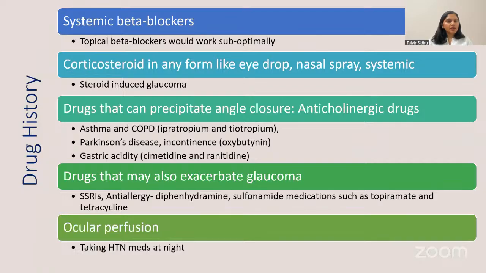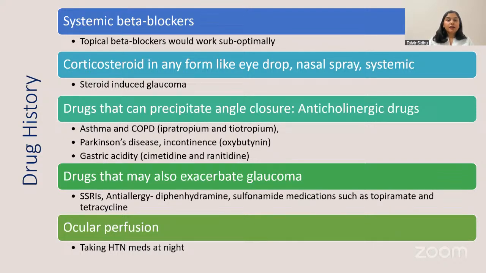Then coming to the drug history, you have to ask whether the patient is taking systemic beta blockers, because in this case, topical beta blockers would work suboptimally. If the patient has taken corticosteroids in any form like eye drops, nasal spray, inhalational, or even oral. There are drugs that can precipitate angle closure like anticholinergic drugs used in asthma like ipratropium, tiotropium, Parkinson's disease, and in incontinence like oxybutynin.